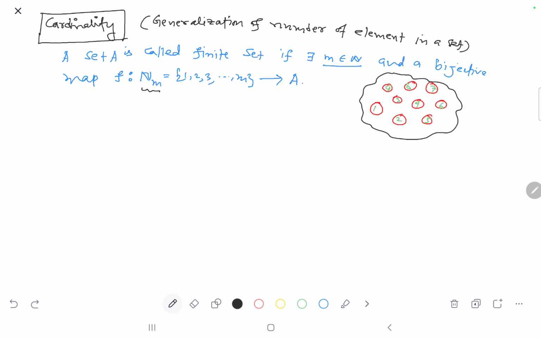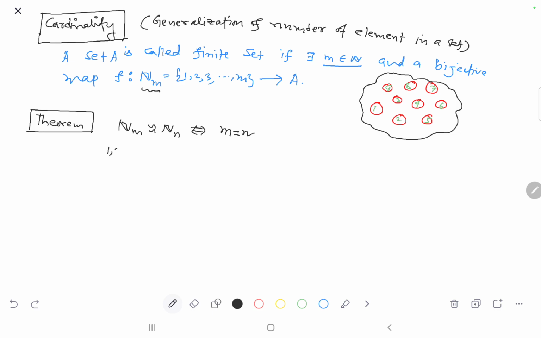So now let me tell you a theorem. I will not prove it, but I'm telling you. N_m is equipotent with N_n if and only if n equals m. It is a natural claim.